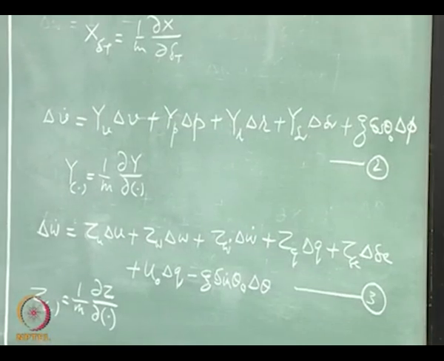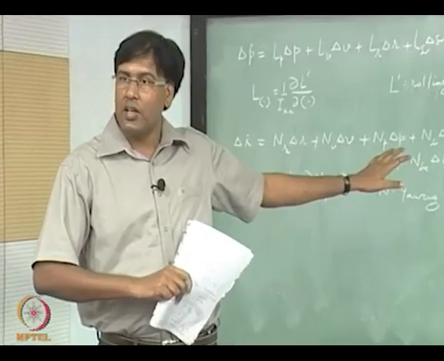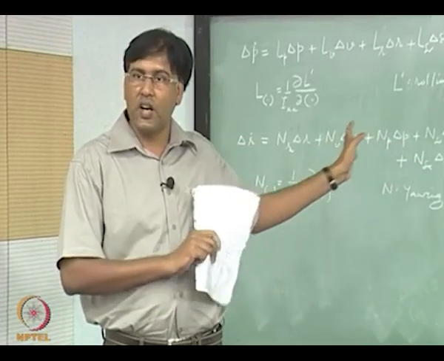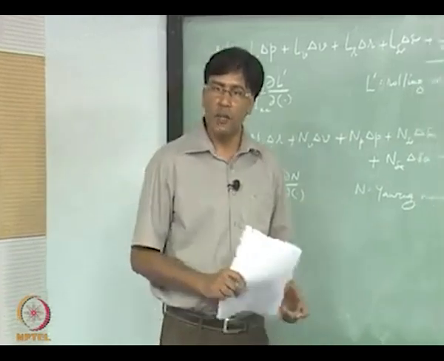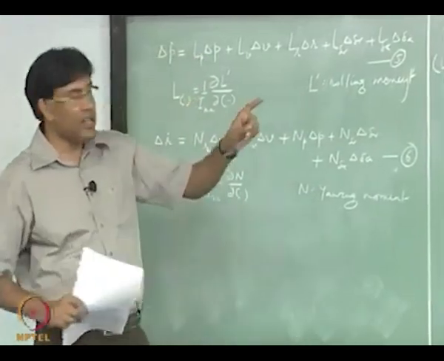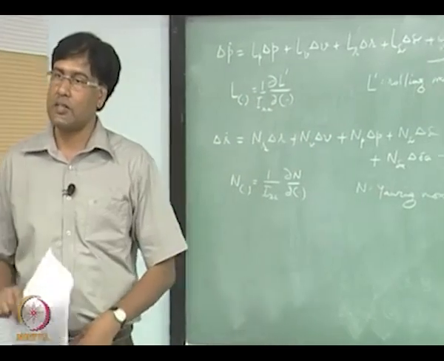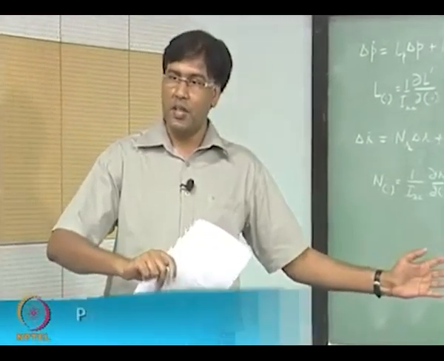So, whatever data comes to you from the wind tunnel measurements, you have to keep it as it is, and then you have to write down the equations of motion accordingly, whether it is perturbed equations or the full form of equation. So, you have to write your equations of motion in such a fashion that you can include all the data that is provided to you, and this data is coming from experiments.